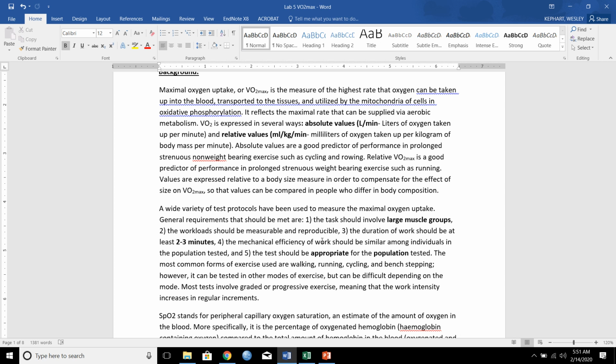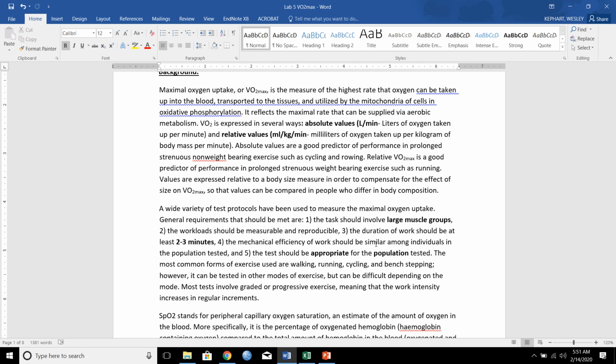If we're running, it's mostly glutes, hamstrings, a little bit of quad, and some calf or gastrocnemius. Whenever we're cycling, if somebody is somewhat unskilled in cycling, it's mostly quadriceps that we're testing. So it's important for us to use large muscle groups, but keep in mind that there's not one good VO2 max test that tests every single muscle in the body, and we're limited by which test we're actually doing.